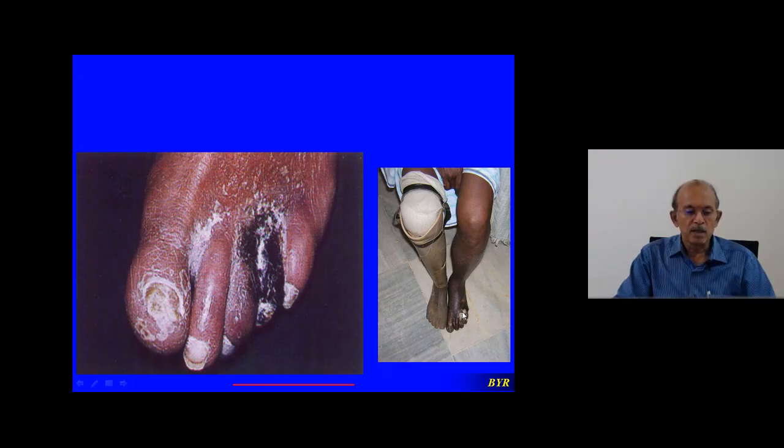What is the stage of vascular insufficiency?